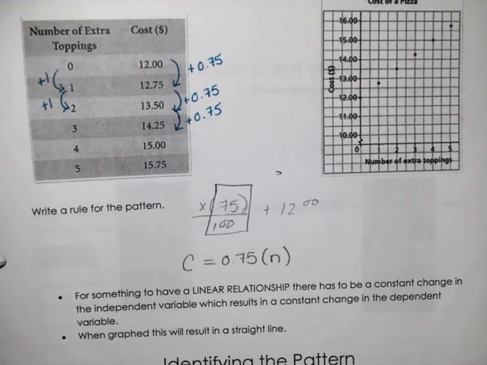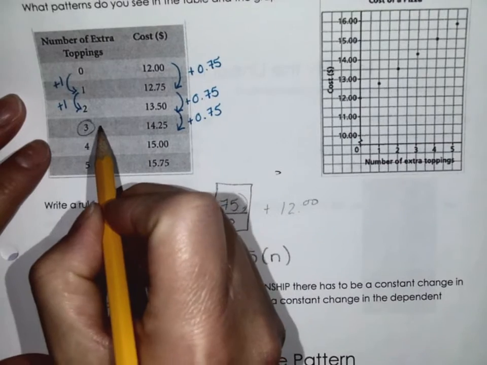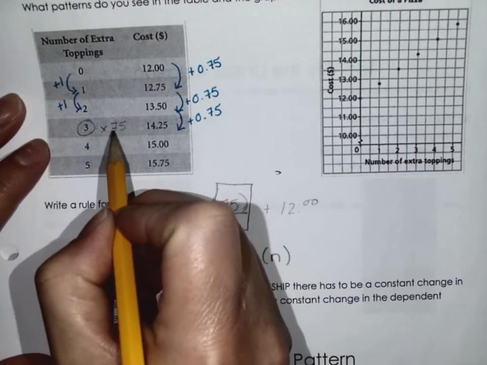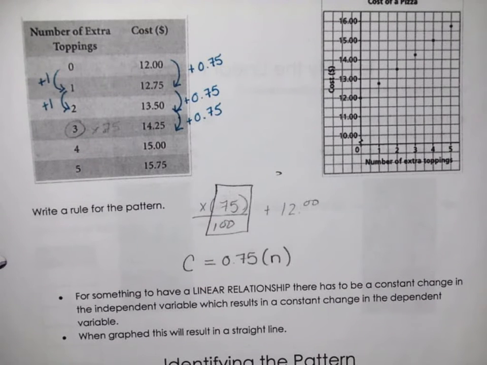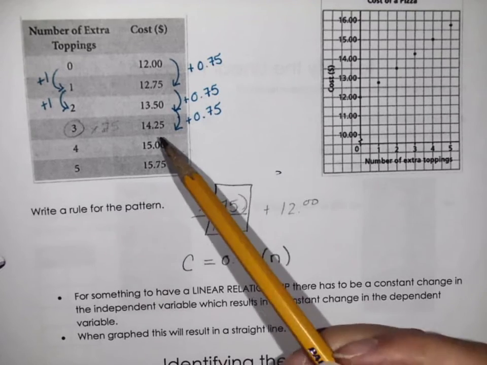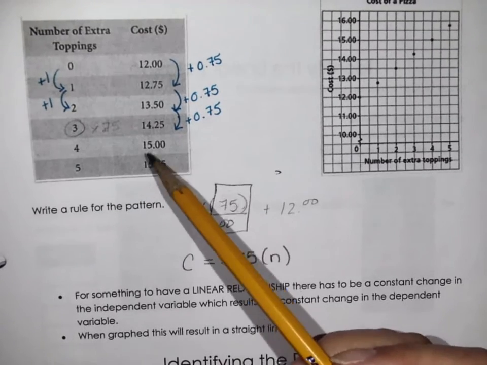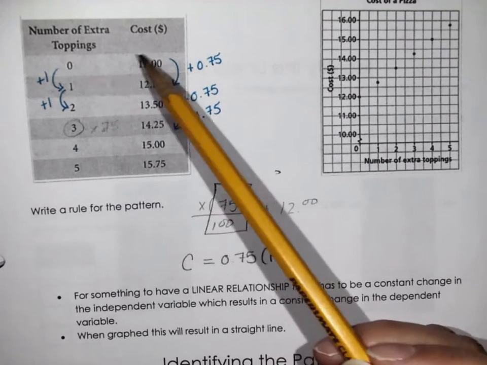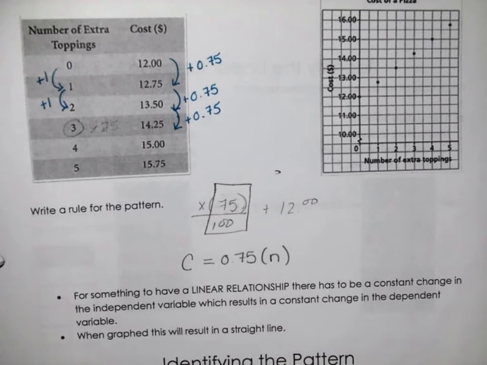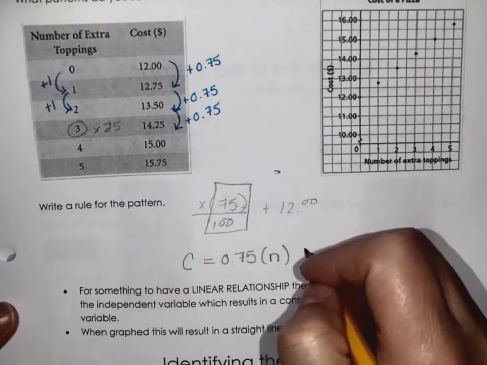But there's a flat rate, because if I take a 3-topping pizza and times it by 0.75, I'm gonna get how much? $2.25. Well, $2.25 isn't $14.25. You have to add the 12 because that's the cost when there's no toppings on the pizza. No matter what pizza you order, it's going to start at a value of 12.